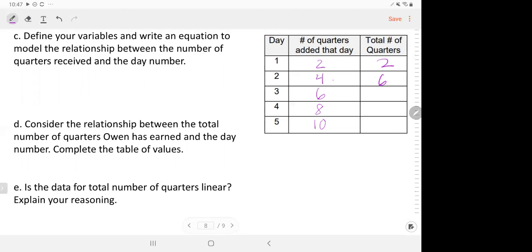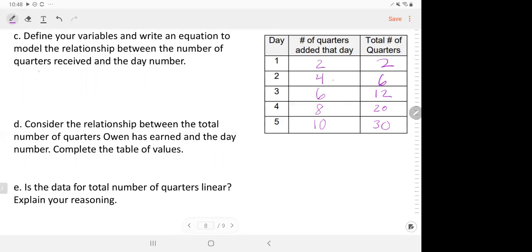I would have already had 6 quarters, and I added 6, so I would have 12. Then I would have already had 12, and I would have added 8 on day 4, so I would have had 20. Going into day 5, I had 20 quarters, but I also received 10, so I would have had 30. So my variables here, you can use X and Y, or you can use D and Q.